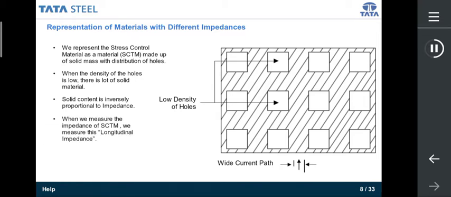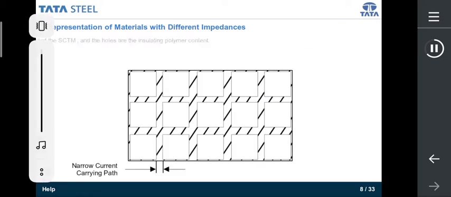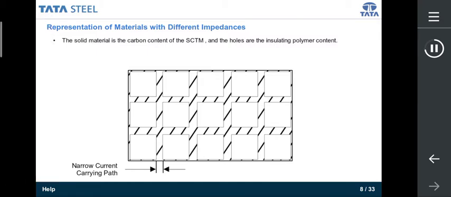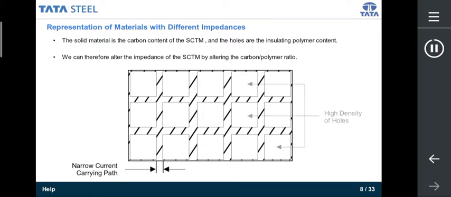When we measure the impedance of SCTM, we measure this longitudinal impedance. We can imagine that the solid material is the carbon content of the SCTM, the holes the insulating polymer content. We can therefore alter the impedance of the SCTM by altering the carbon or polymer ratio. A high impedance material has a high density of holes.